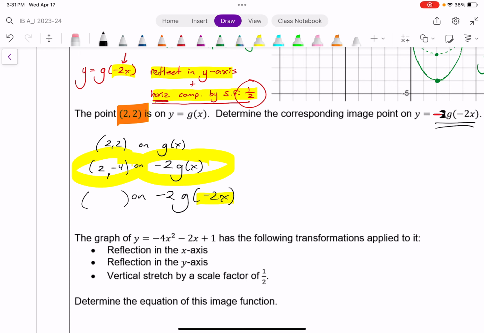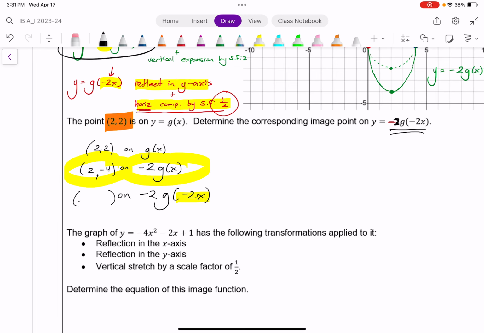So instead of being at 2, it's now at negative 2. But then I also want to compress it by a scale factor of a half, which means instead of being at negative 2, it's at negative 1. But the y-coordinate will not change because those are both horizontal transformations, I should say. And there's my answer.